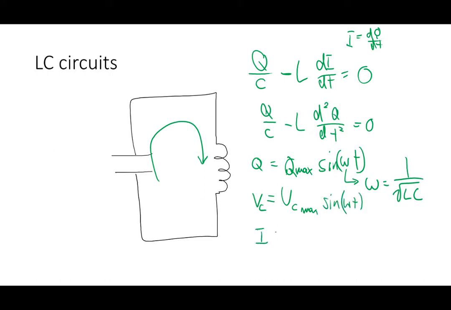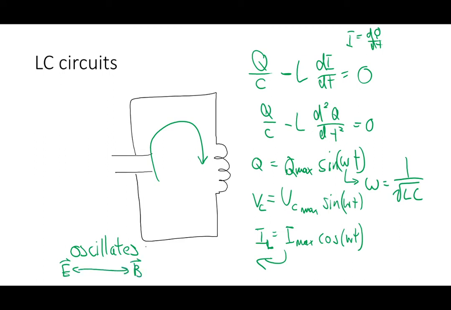Whereas the current, the current through the inductor or the whole circuit, will be the derivative of such things, so you end up with a cosine dependence. So we end up with an oscillation, and we're really just bouncing the energy between your electric field and magnetic field.